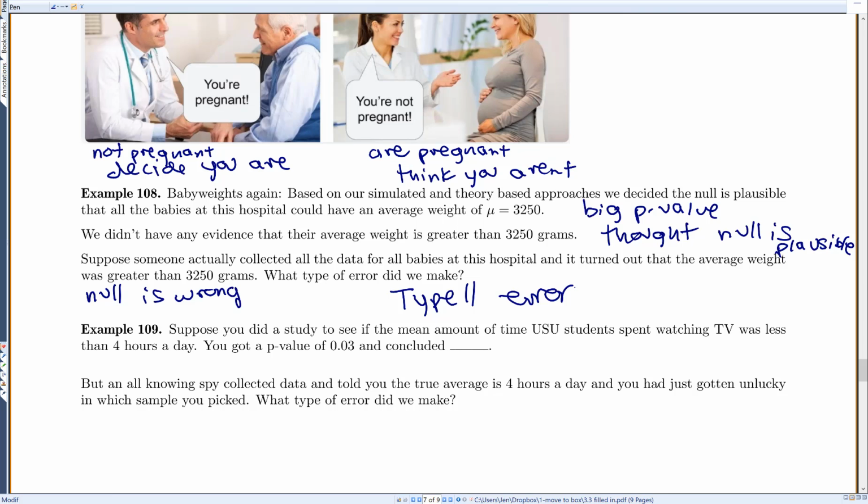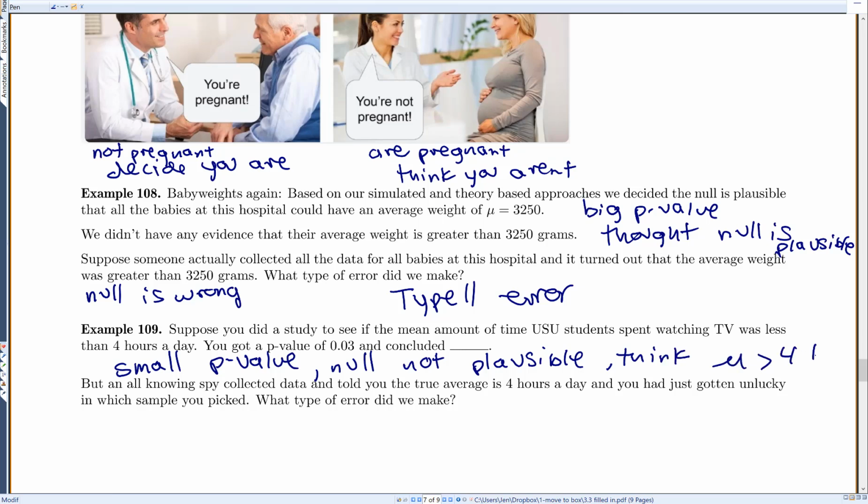Suppose you did a study to see if the mean amount of time that USU students spend watching TV was less than 4 hours a day. You got a p-value of 0.03, so that's a small p-value. And so if we get a small p-value, we're going to say the null is not plausible. Okay, and so we think that the population mean is less than 4 hours.